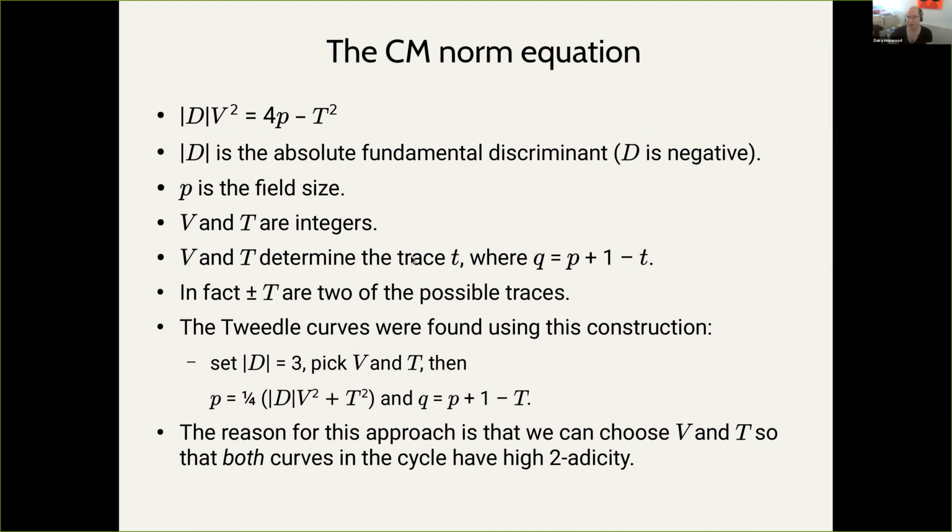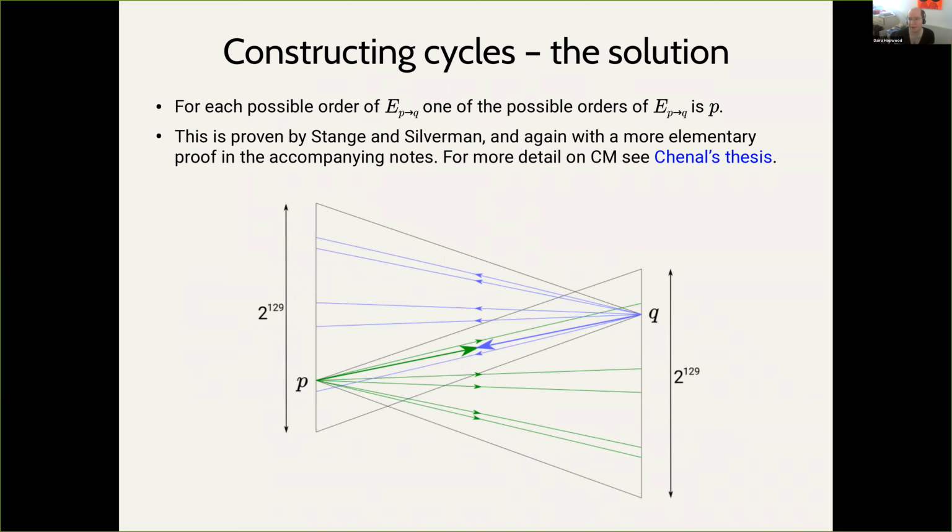So this basically allows you to choose these values V and T so that we have a multiplicative subgroup of the right size. I'm not going to go through the details because we've got limited time.